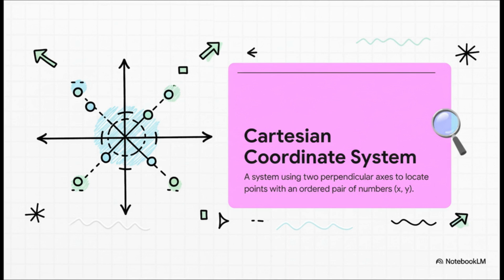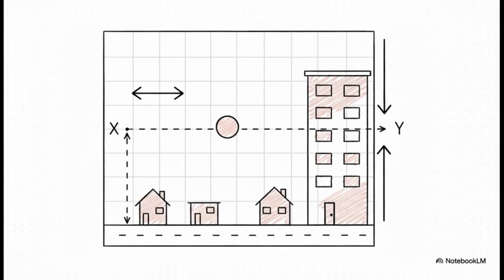The big idea here, the most important thing to remember, is that this grid gives every single point its own unique address. You can think of it just like a street address. The x-axis tells you how far to go left or right. That's your horizontal address. Then the y-axis tells you how far to go up or down, your vertical address. Put them together, and that x, y pair takes you to one and only one exact spot.